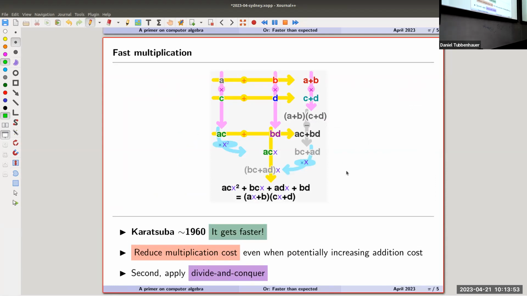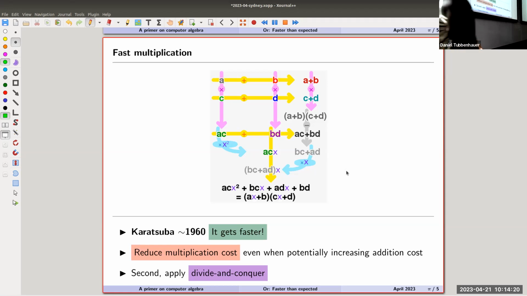Let me just do it for you once for n equals 2. It's a bit strange, I don't recommend doing that by hand. You can use computer algebra. So that's an algorithm that's pretty new in some sense.